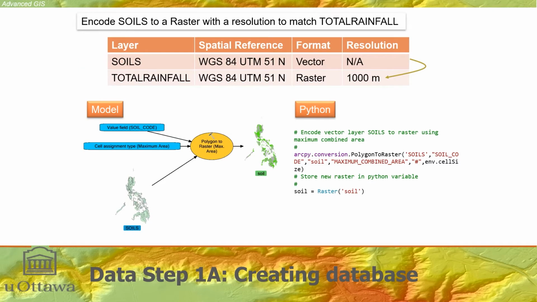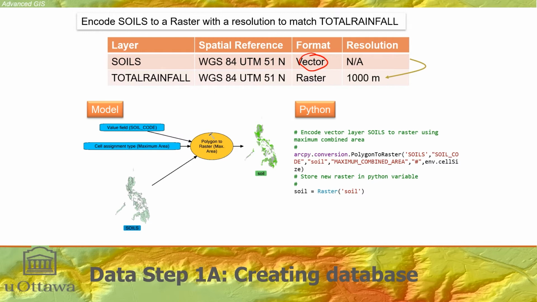And I'll tell you right now, they both have the same, they do align, so it's fine in this case. So looking at this again, this is the data step here. We have to take soils, remember it's in vector, and make it into a 1,000 meter by 1,000 meter raster that matches up with our total rainfall.